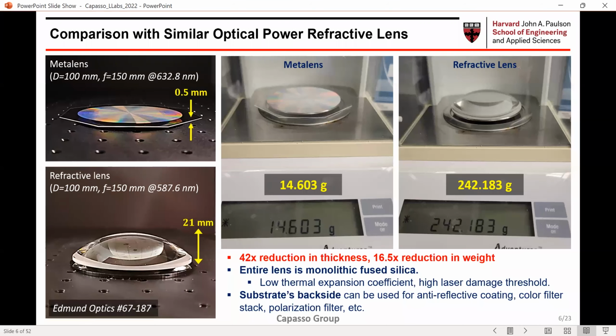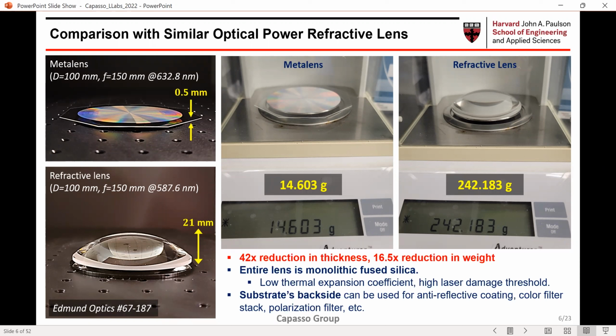And you see, this captures the significance of flat optics as opposed to conventional optics. There is a reduction in thickness, a significant reduction in weight. You can use standard materials, glass, semiconductors in particular, and other types of advantages.